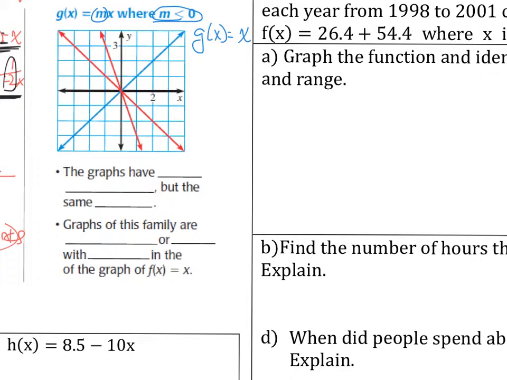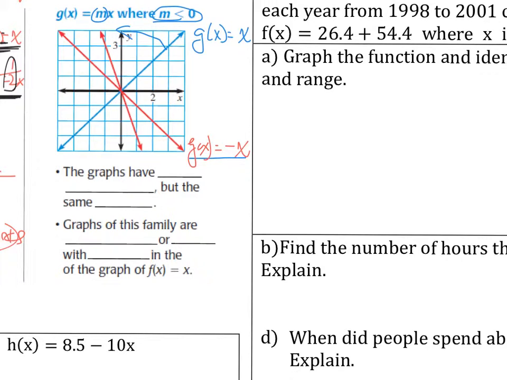If we rotate the graph further left so that the graph is reflected around the x-axis, we can see that for this graph, g of x has become negative x.